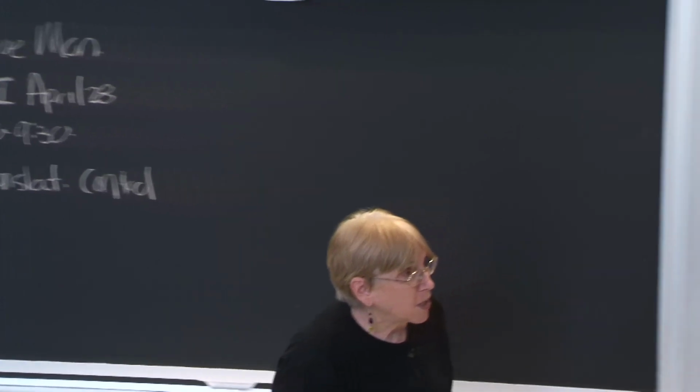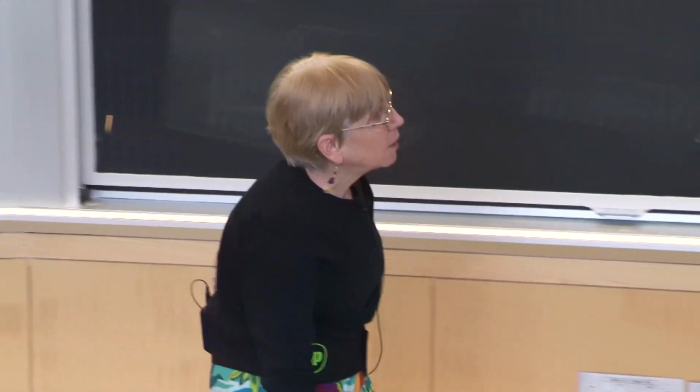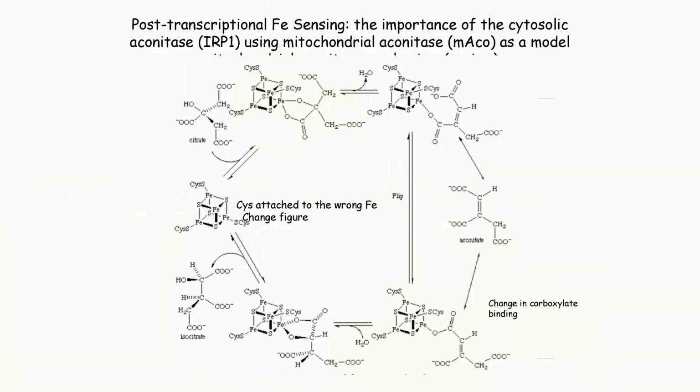So what I want to do today is continue where we left off to try to get further into this module on iron, regulation of iron right now in terms of humans. And we're talking about the fact that regulation occurs at the translational level. And so I'm going to introduce to you the model.